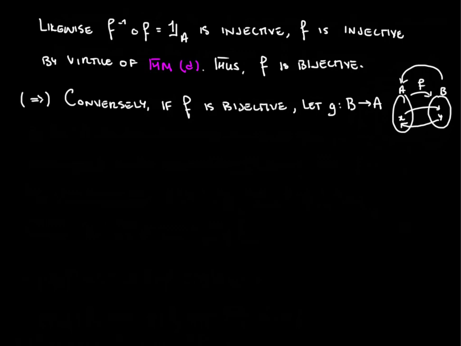Now take the time to appreciate why we can only define a function g in such a way when f is bijective. Go over the definition of a function and take the time to understand this. This is very important.